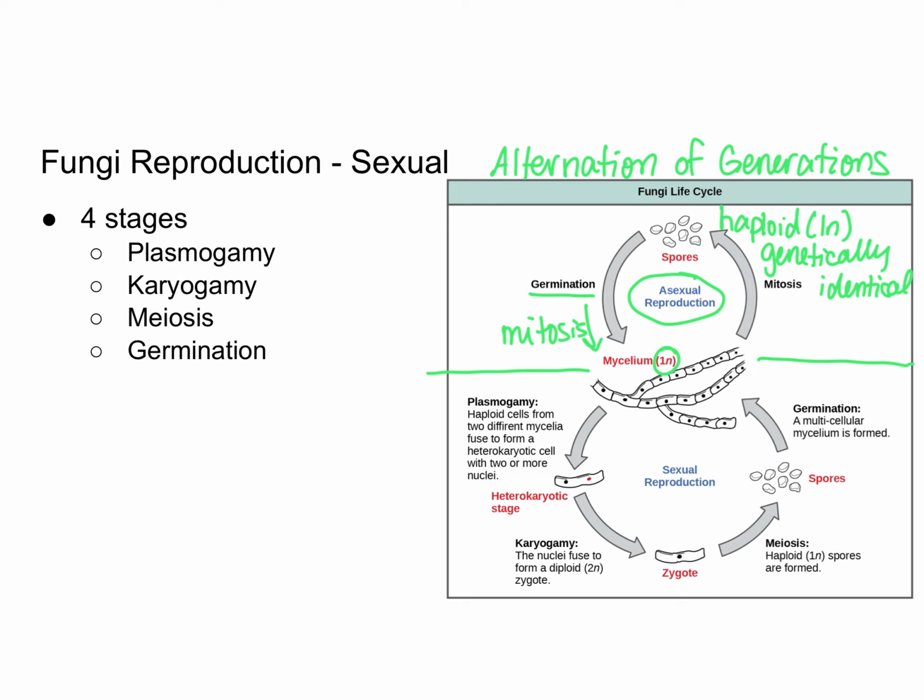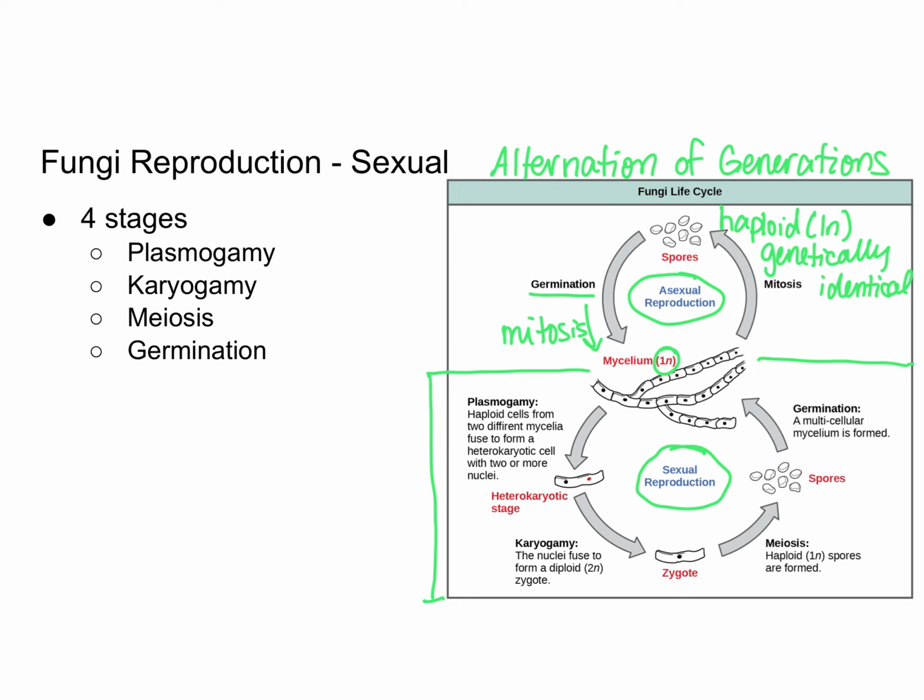So the bottom half of this diagram is looking at the sexual phase of the alternation of generations. And remember that some fungi can switch back and forth depending on the environmental conditions. Now, different phyla are going to have some different specifics when it comes to the sexual reproduction stage of this alternation of generations.